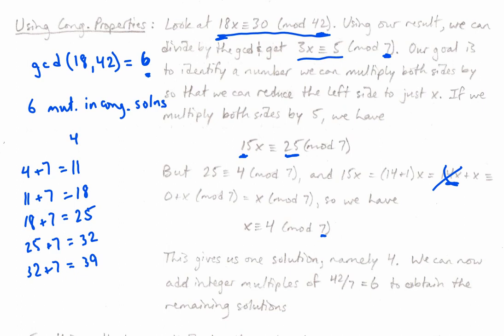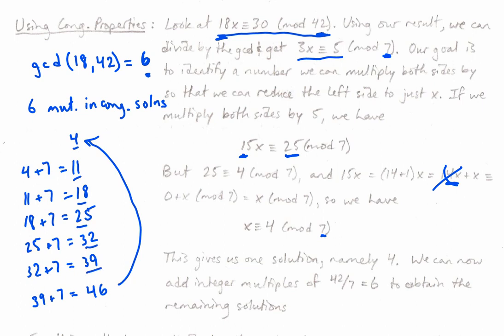If we added 7 once again, just to show you, if I did 39 plus 7, that would get me 46, but 46 mod 42 is congruent to the 4. So this is why we stop at 4, 11, 18, 25, 32, and 39.